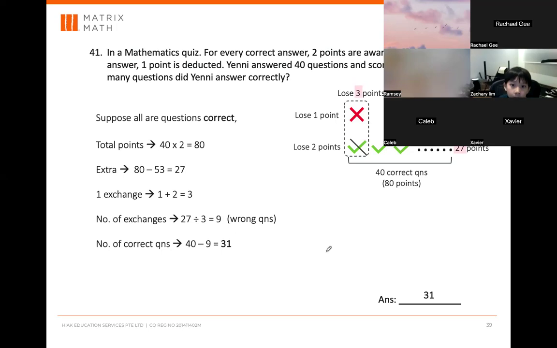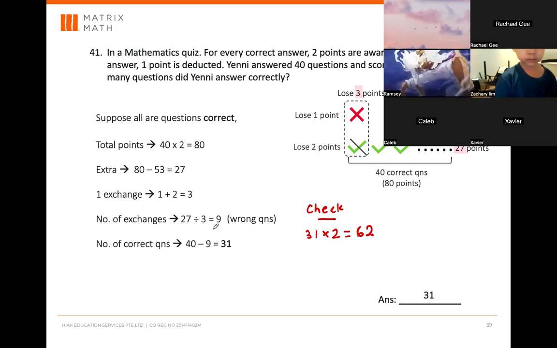So it's 31 here. I love this supposition because I can do a check. If you have 31 questions that are correct, you do 31 times 2, so you should get 62, correct? But you got 9 wrong, so every time you minus 1 mark.